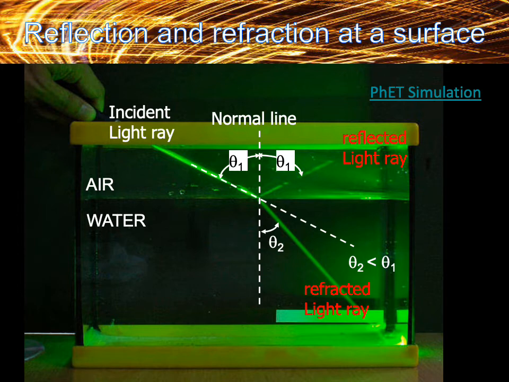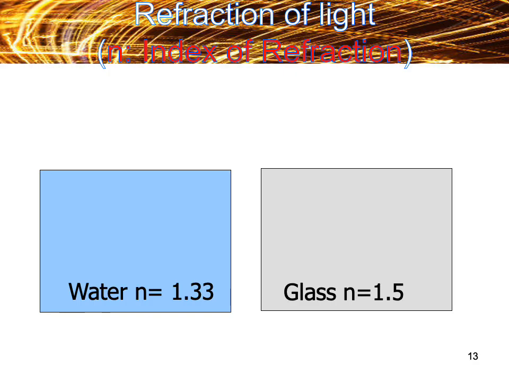Another interesting thing in optics is that the reflected angle is always the same as the incident angle. When you change this incident angle, so does the reflected angle. And theta 2, the refracted angle, also changes, but this angle is always smaller in the case of water and air. Right.